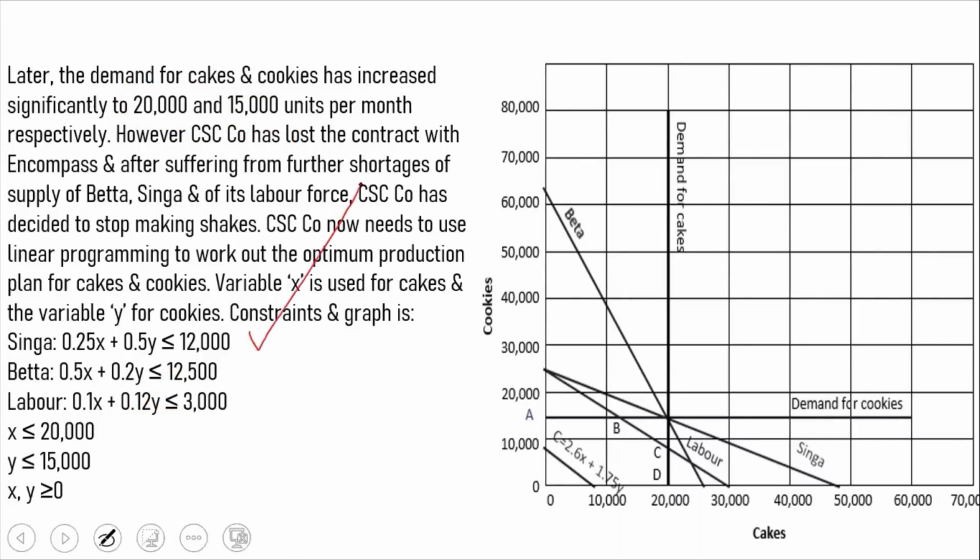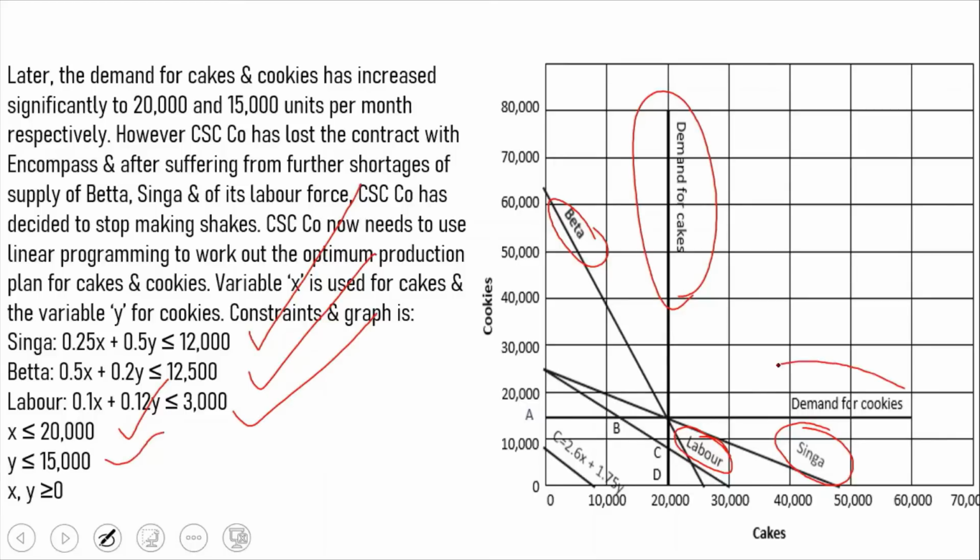The Singa's line is here and Beta's line is here. Labor's line is here and the demand of X, that is here, and the demand of Y, that is here. So they have plotted all the linear equations in the graph.